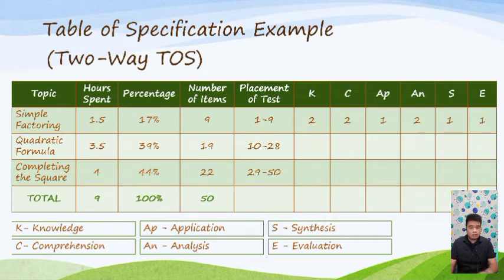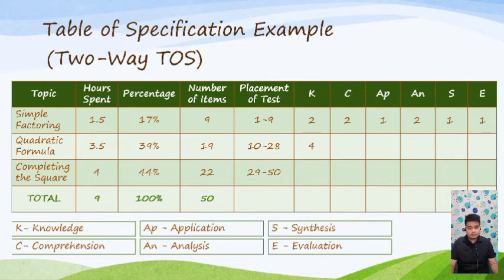So adding all these questions, it will come up to a total of 9 items, or 9 questions. So as you can see, it is well distributed. So 2, 1, 2, 1, it is well balanced. So the questions will depend also on the discipline that is appropriate for the topic you have chosen.